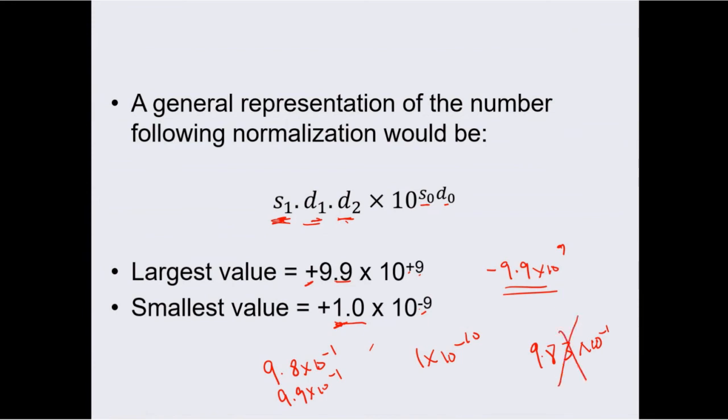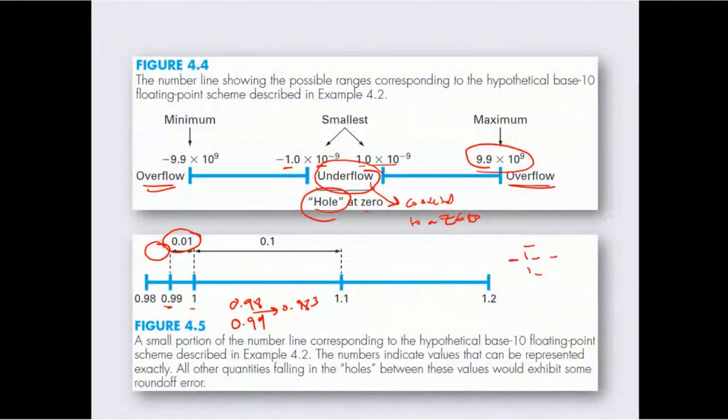So your number will automatically become 9.8. So anything that falls in between, in the hole, goes to the bottom value. So even if you had 0.997, it's going to go down to 0.99. It's not going to be defined as 0.997.